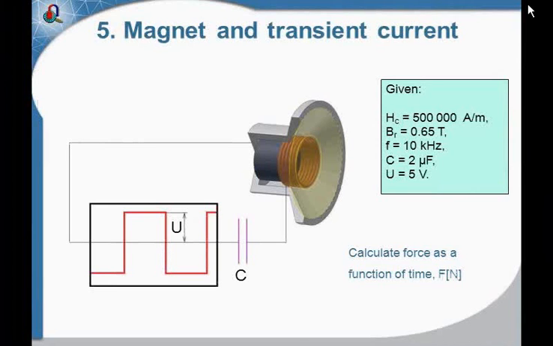Actually, the coil current is an alternating one, and we can simulate it. It's a system with a permanent magnet and the source of a periodic signal. It's a transient magnetics problem.